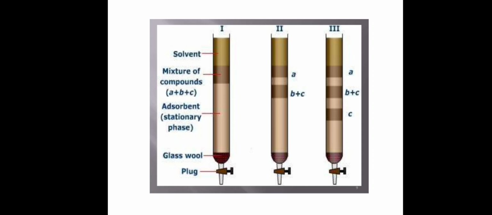Then finally the solvent. After 1 or 2 hours of running the column, the result will be separated bands. The second one shows A in a different ratio and B plus C in a different ratio. Then finally it separates into A, B and C. So it's a complete process of the column.